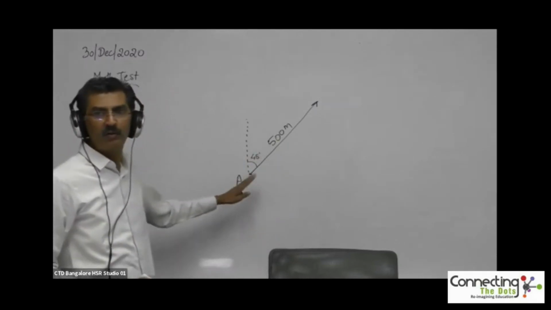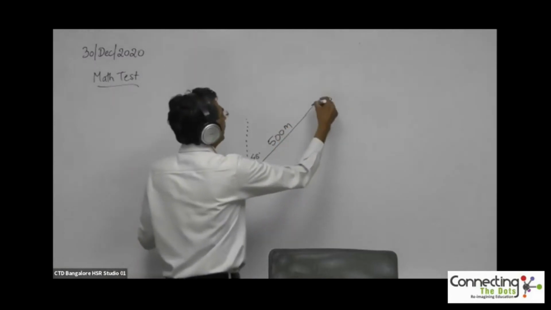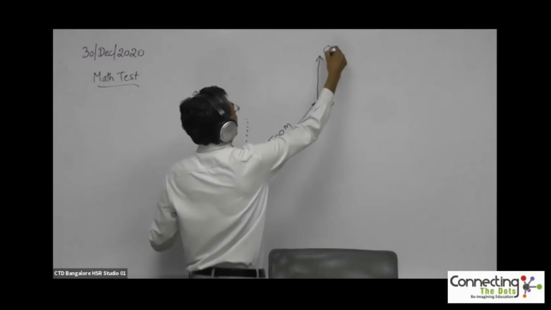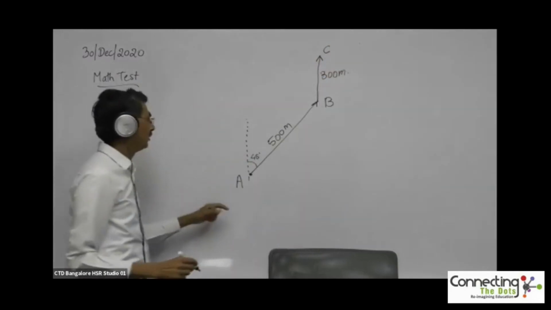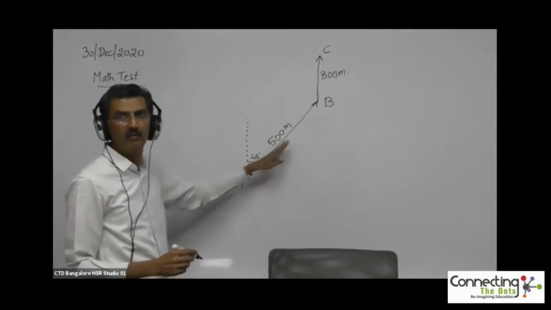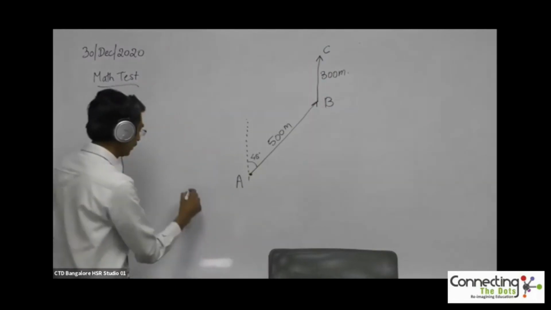That is point B. And then here I start traveling due north and end up here, and this is 300 meters. So from A in the northeast direction, 500 meters, and then north 300 meters. What is AC?